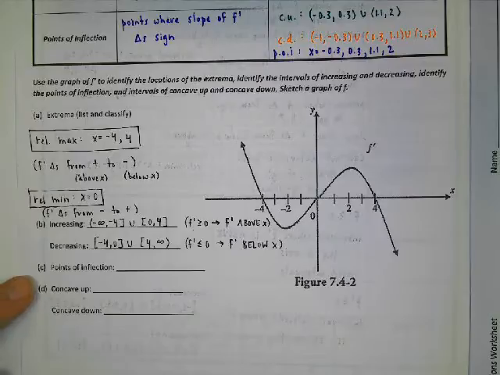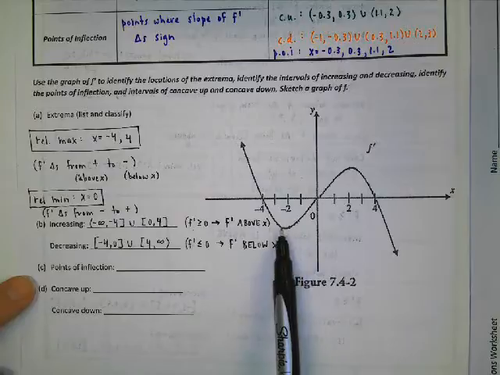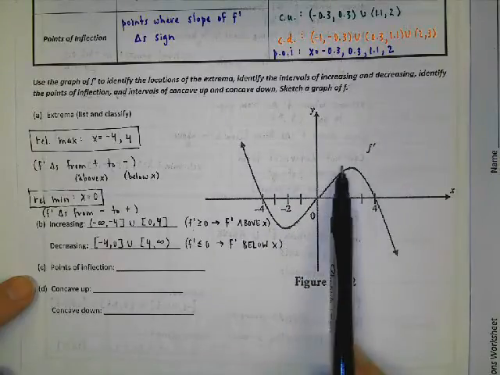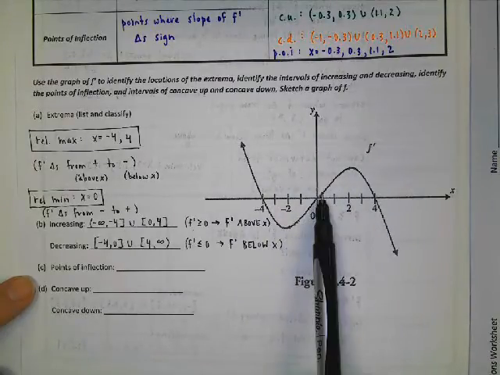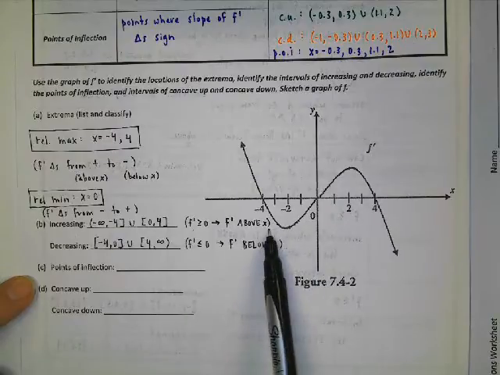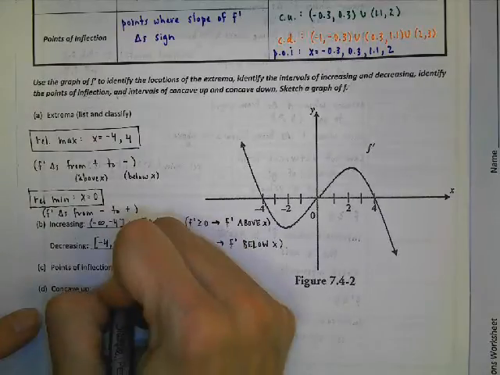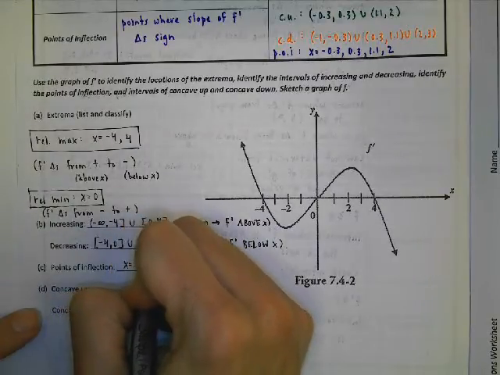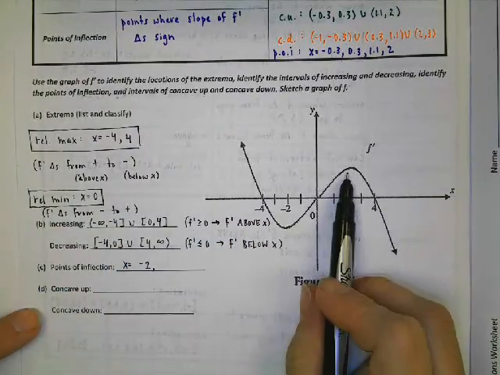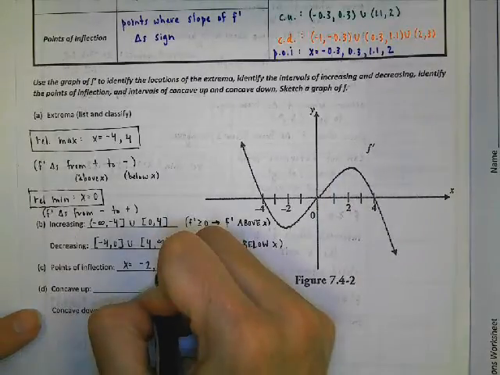My points of inflection are going to be where my second derivative, so the derivative of f prime, is equal to 0 or undefined, and the slope changes. So here I can say I have a horizontal tangent at -2, and that slope changes from negative to positive. So I'm going to have -2, and then again up at 2.